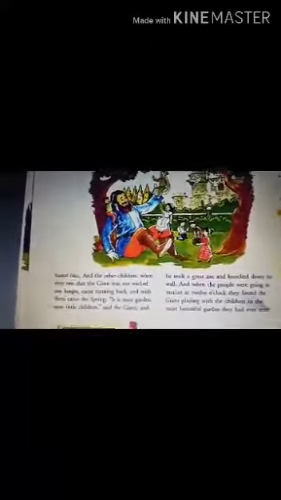So here you can see in this picture the Giant is playing in his garden with the children, and the children are very happy. Now this is all about the story that you have seen. The selfish Giant became very kind, just because of the children.